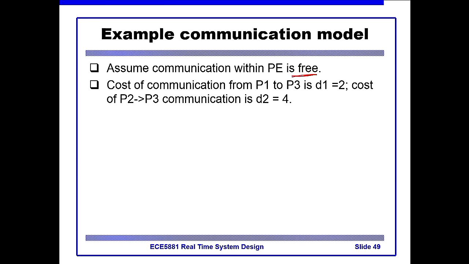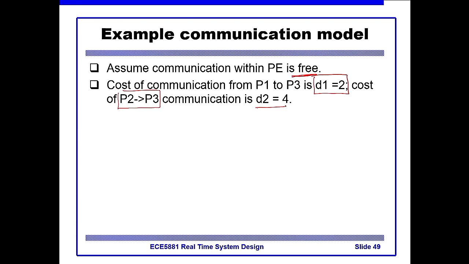However, if M2 needs that data, then you're going to have to pay a penalty. So the cost of transferring the data output from P1 is 2 units of time. And similarly, if you're transferring the results of P2 to P3, that's going to cost 4 units of time. And that's done through the system bus.